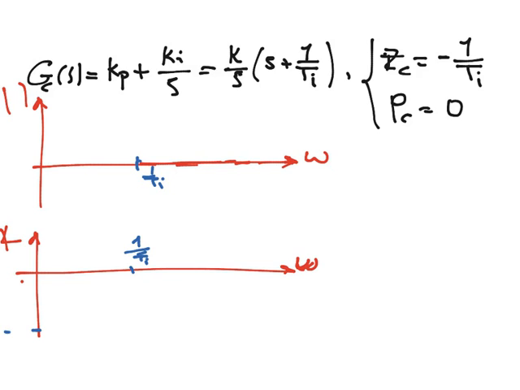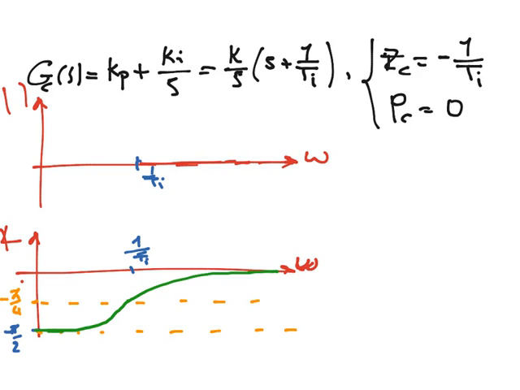So here, if we have minus pi over 2, let's say this is the asymptote, minus pi over 4. This will be the phase plot for the PI control.